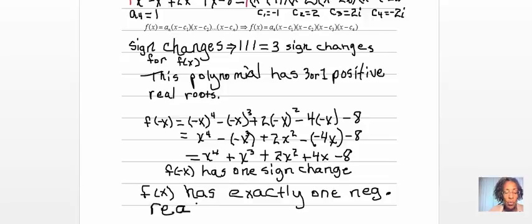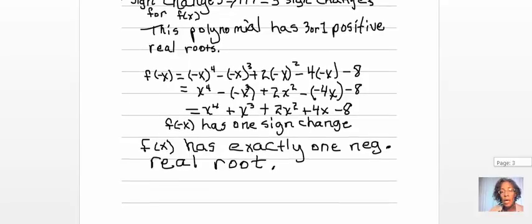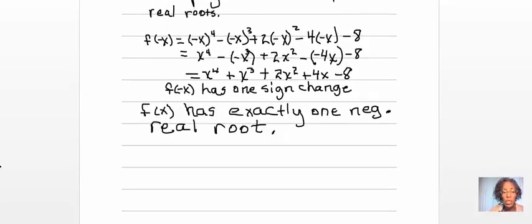Of course, we already know what it has, but if you didn't know, this rule of signs by Descartes would tell you I'm either going to have 3 positive real roots or 1 positive real root, and my only possibility for negative real roots is 1. I have 1 sign change in this polynomial, so I have 1 negative real root according to Descartes' rule of signs. All right, and so basically I have all of the solutions.